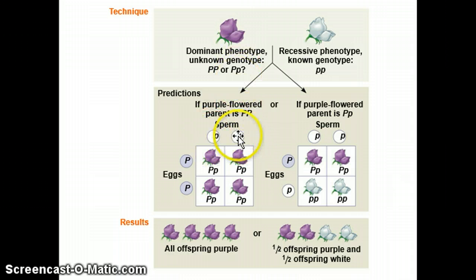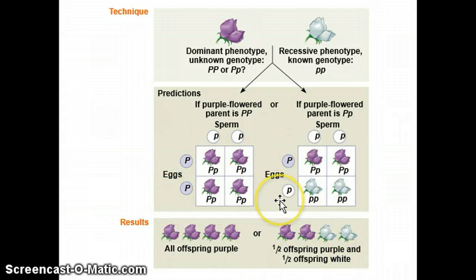We're crossing it with the homozygous recessive, which is our known, because if something shows a recessive trait, we know it's homozygous recessive. So we can put that here. This is our unknown, and if we end up with this, then we started with a homozygous dominant.